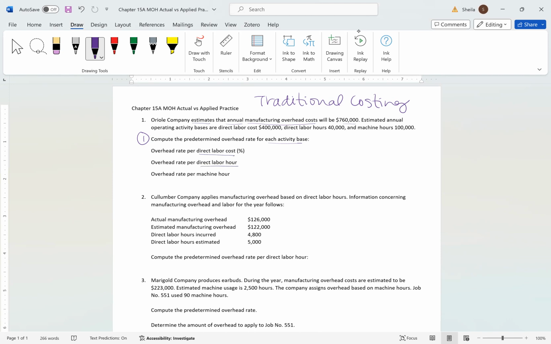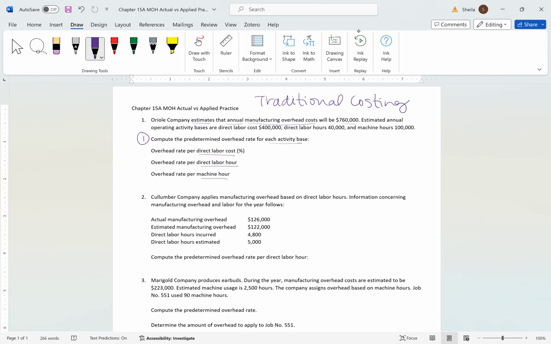So we can either allocate overhead costs based on direct labor cost or direct labor hours. Now machine hours is more of a process cost, but I just want us to make sure we get some practice here. Okay, so the first step is really just computing the predetermined overhead rate. Then we're going to apply it in the next video.